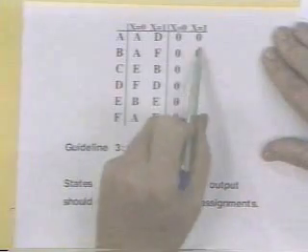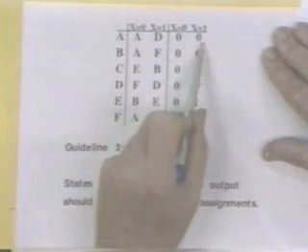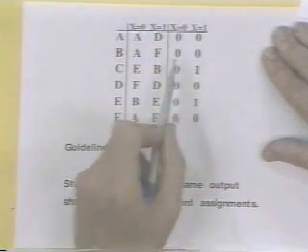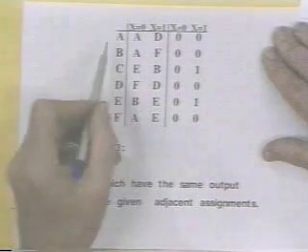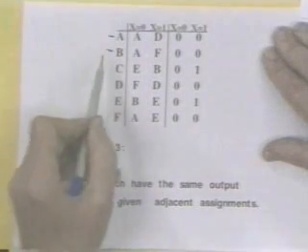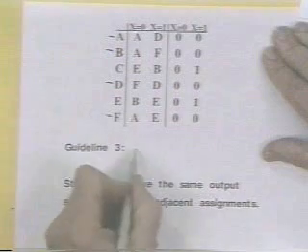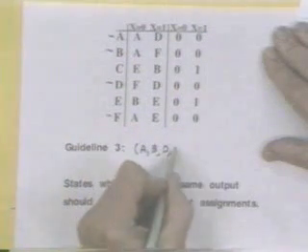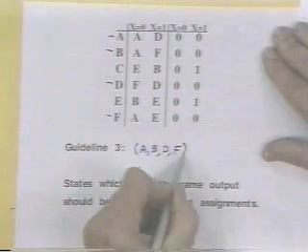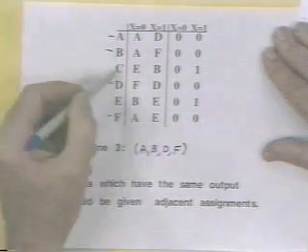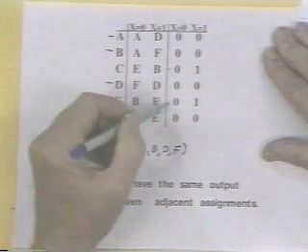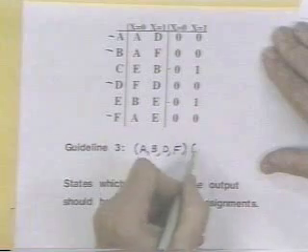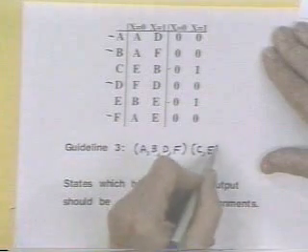But instead, we're going to look at where both outputs are the same for x equals 0 and x equals 1. And here we have 0, 0, 0, 0, 0, 0, 0, 0, corresponding to states A, B, D, and F. So we should give A, B, D, and F all adjacent assignments. And then states C and E have the same outputs for both x equals 0 and x equals 1. So we're going to give C and E adjacent assignments.